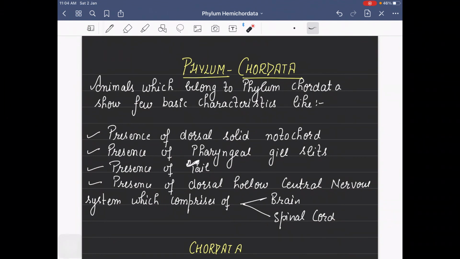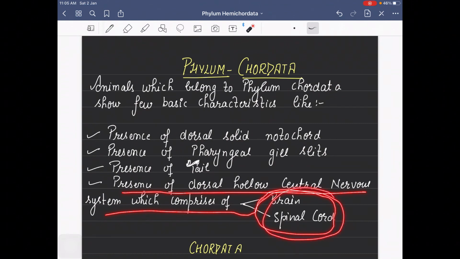Like the presence of a dorsal solid notochord. Another characteristic is the presence of pharyngeal gill slits. Third, presence of a tail. Fourth, presence of a dorsal hollow central nervous system, which consists of brain and spinal cord.